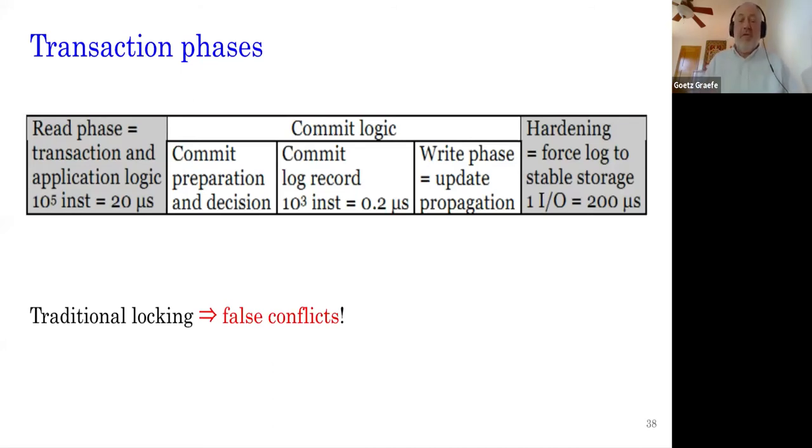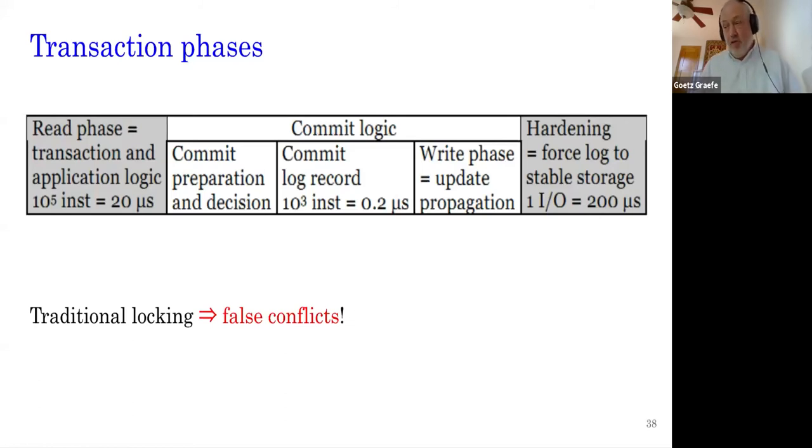Some concurrency control methods require some kind of post-commit operation that's part of the commit logic. And when all that is done, then you actually force a commit log record into the recovery log on stable storage. And I put here the timing of a local SSD write. If you look at these times, the hardening is by far the longest phase.